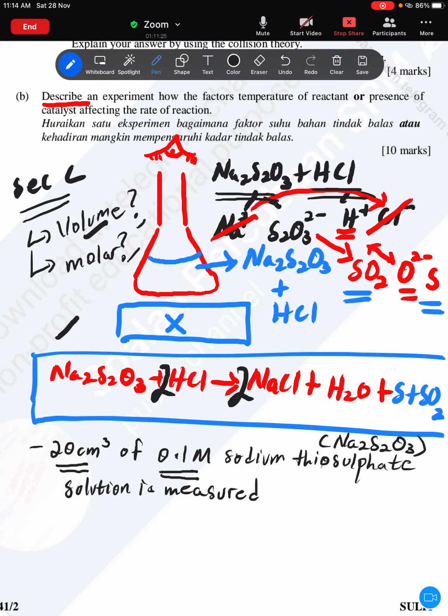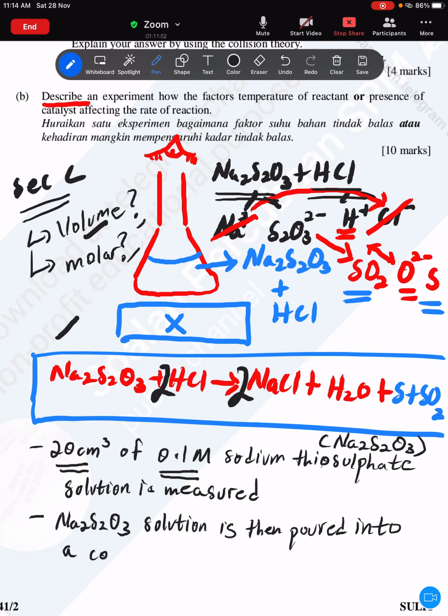Subsequently, you don't need to. Then the Na2S2O3 solution is then poured or mixed into a conical flask.